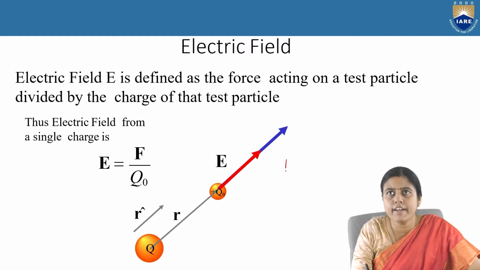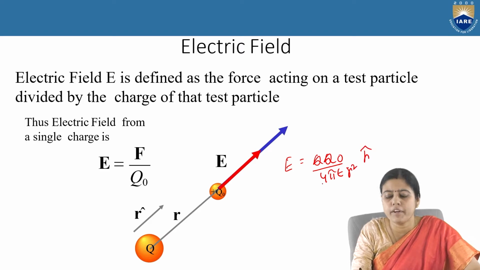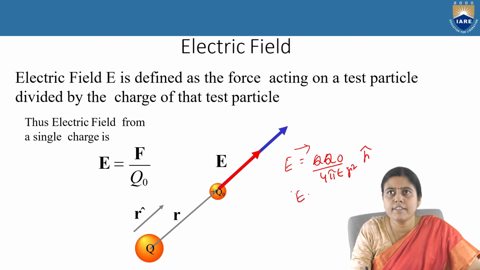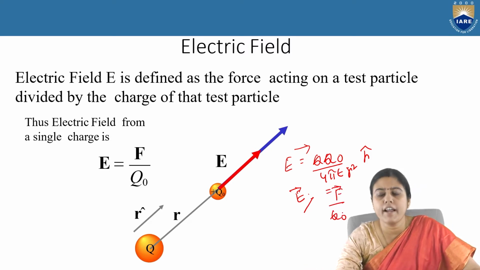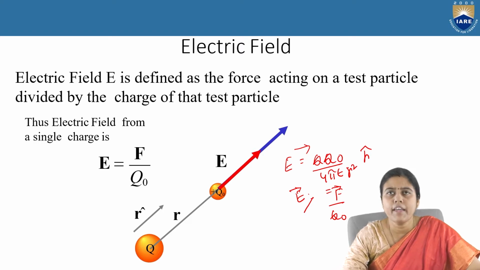So we get F is equal to Q Q0 by 4 pi epsilon R square into aR, according to the nomenclature. And E is a vector. E is equal to force by Q0.